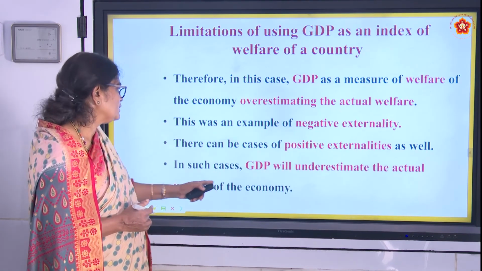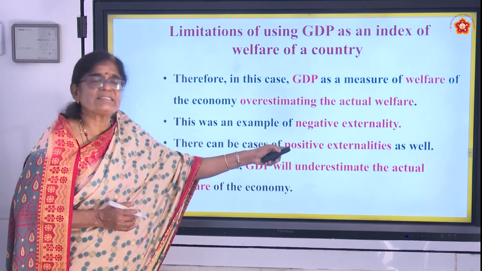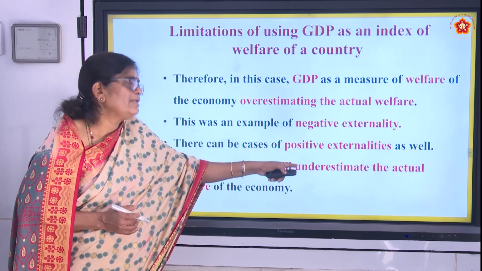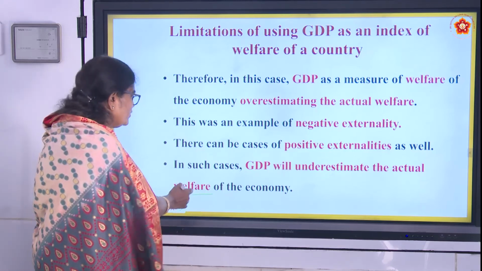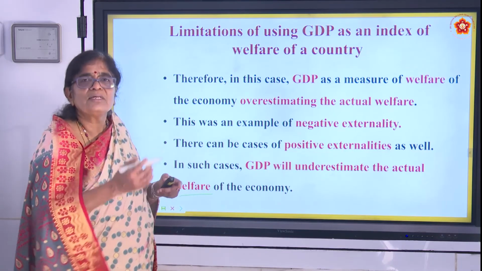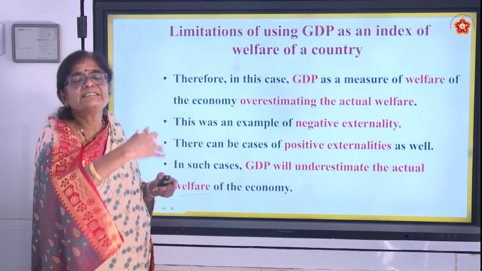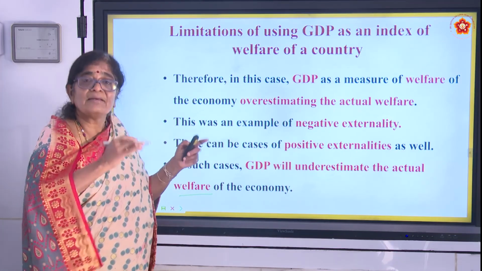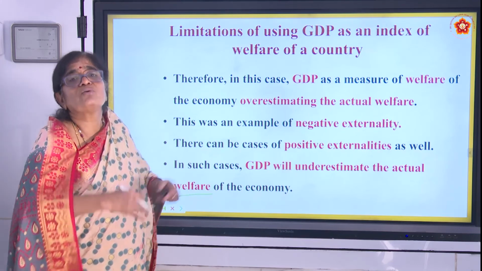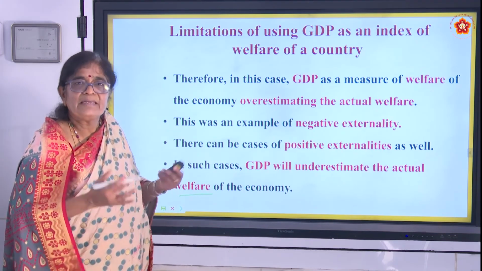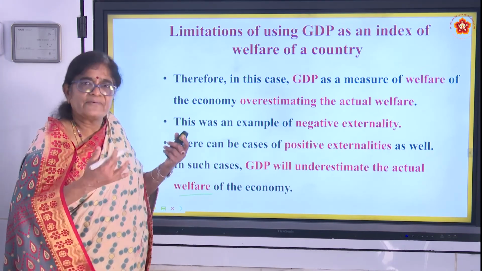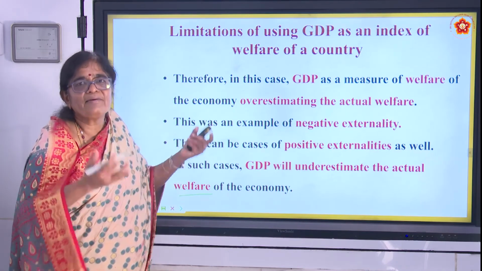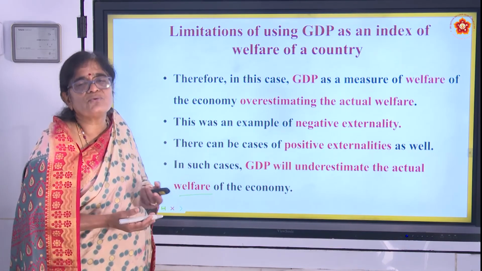In such a case, when there is a positive externality, GDP will underestimate the actual welfare. The flower garden earns income directly by selling flowers in the market, but it also has another very positive impact on the surrounding environment by providing clean air, a fragrant smell, and a recreational facility for all the people surrounding it.